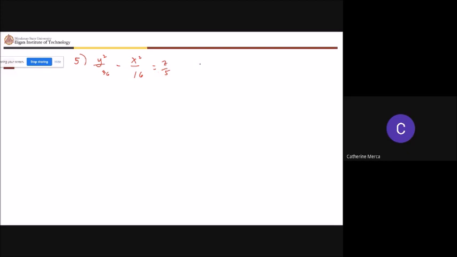So actually, this is called a hyperbolic paraboloid.